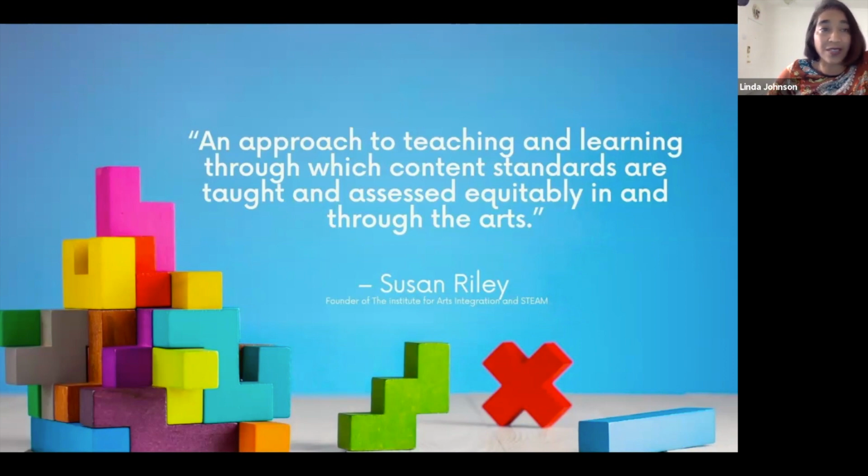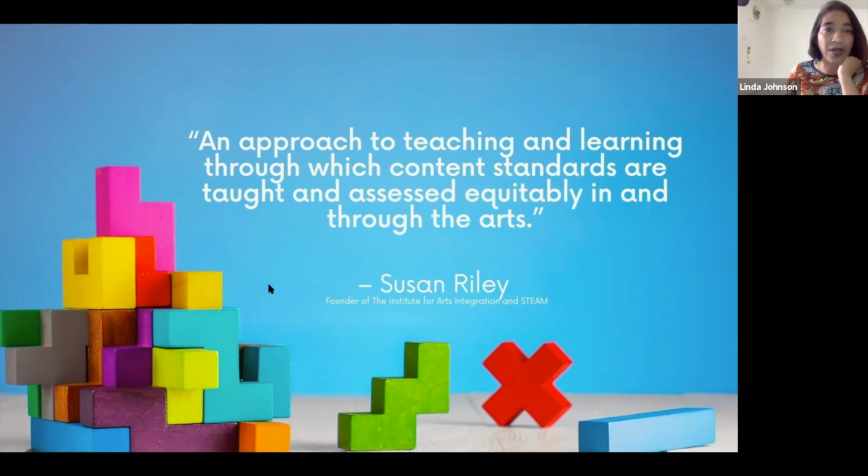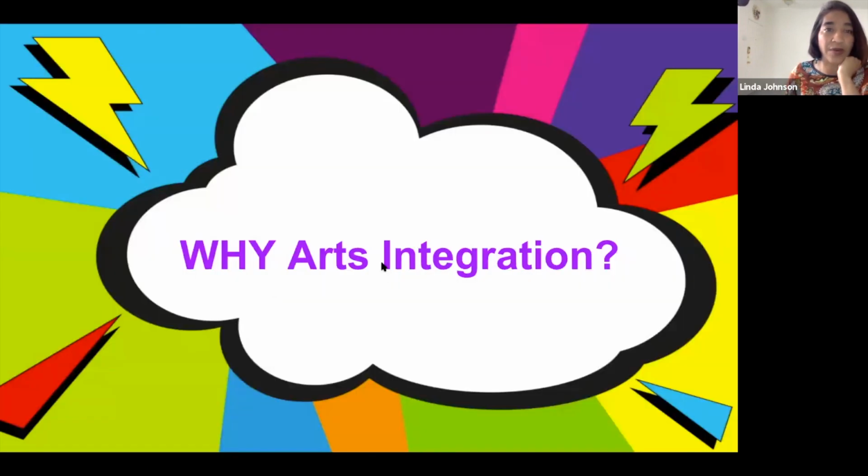We're talking about the arts content standards and also your core content standards. So you teach them equally and you assess them equitably. That means one content area is never in service of the other. They are treated equally. And it's an approach to learning, more like a strategy on how to teach what you already know.